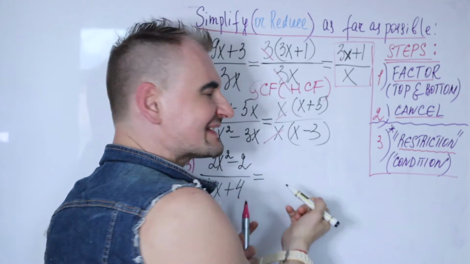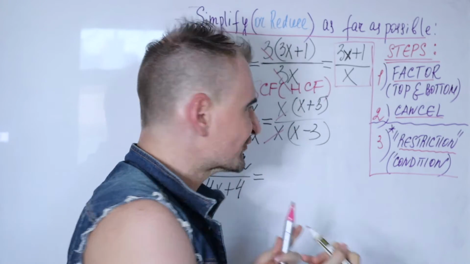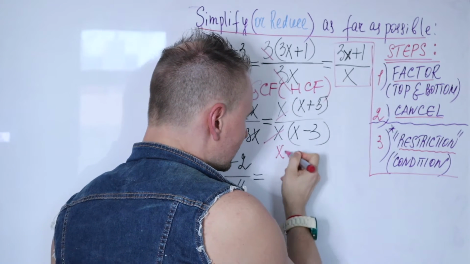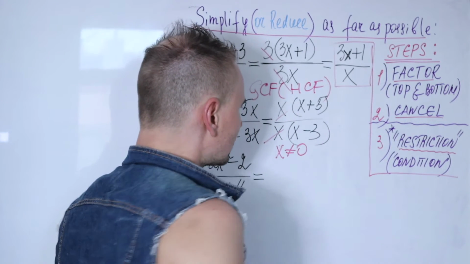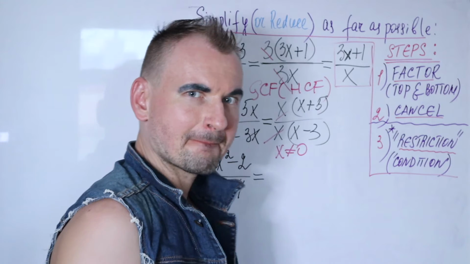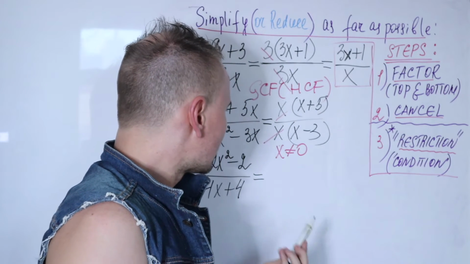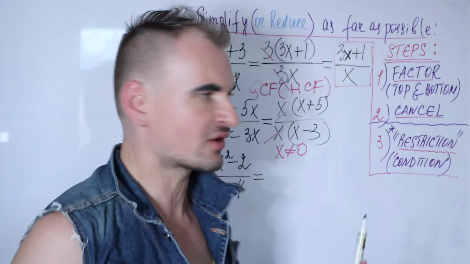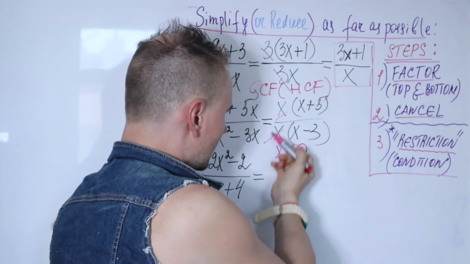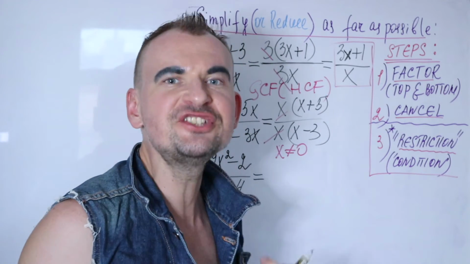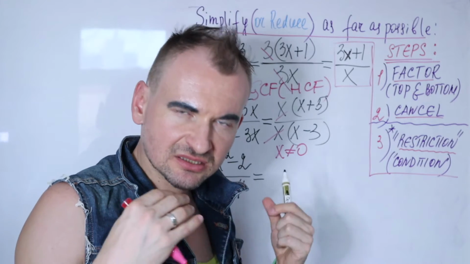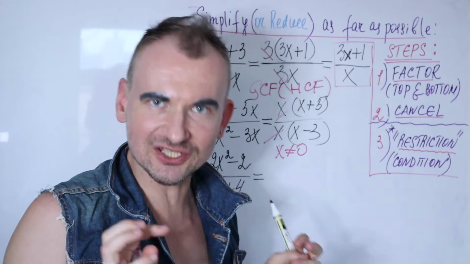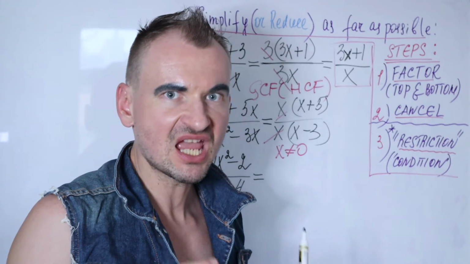So when we cancel this x, basically x cannot be equal to 0, because when x is 0, your bottom becomes 0, and your fraction has no algebraic meaning.